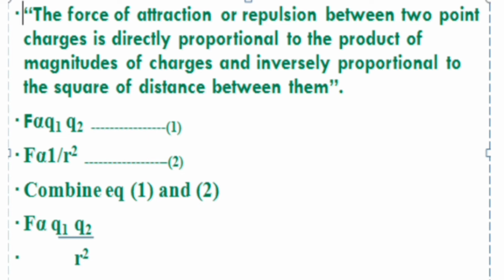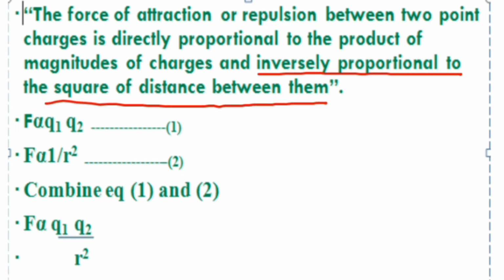Let's see the second sentence: and inversely proportional to the square of the distance between them. This means, let's consider we have two positive charges Q1 and Q2.